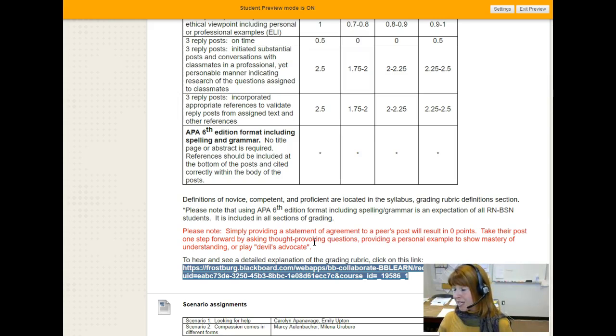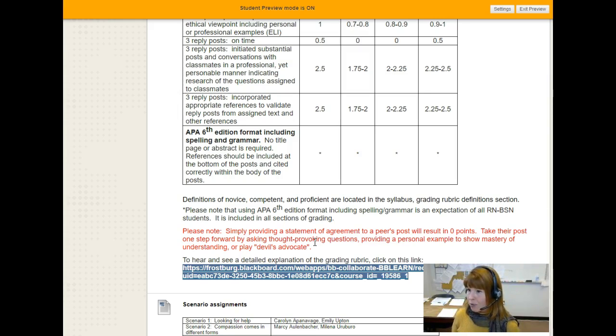And in fact, for this assignment, what I would suggest is think about finding a scholarly article that really speaks to whatever scenario or ethical concept or legal concept is involved in your peer's post to which you are responding. Use that as a reference and to lay the foundation for your response.